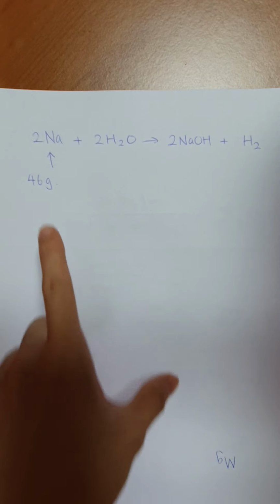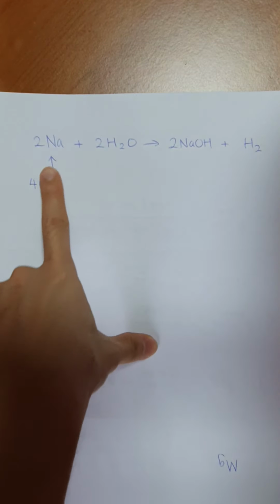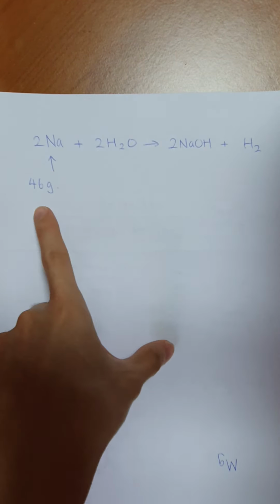Okay, so I have 46 grams of sodium, as you can see here. Sodium will react with water to give me an alkali, sodium hydroxide, and hydrogen gas. So if I've got 46 grams of sodium, how much water do I need? Okay, so now let me show you. First step, we just have to convert our sodium into a measurement we can compare, which is number of moles.